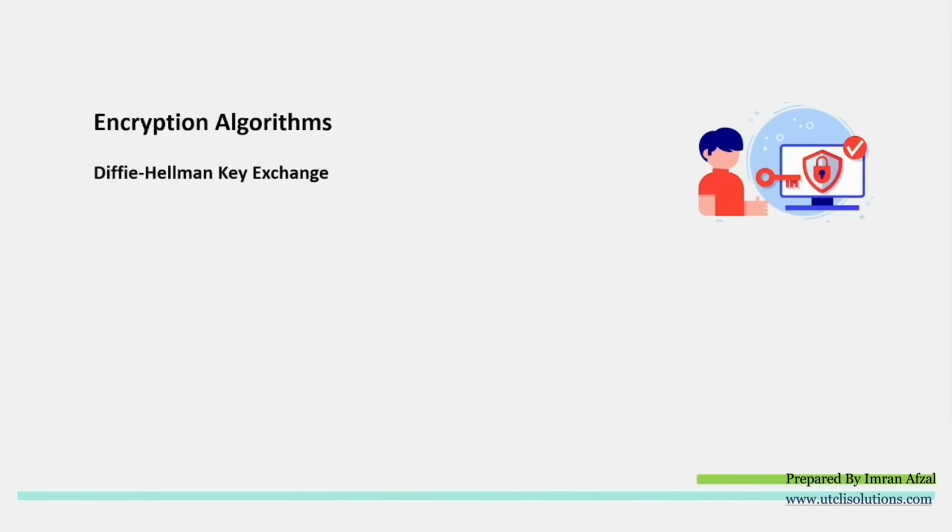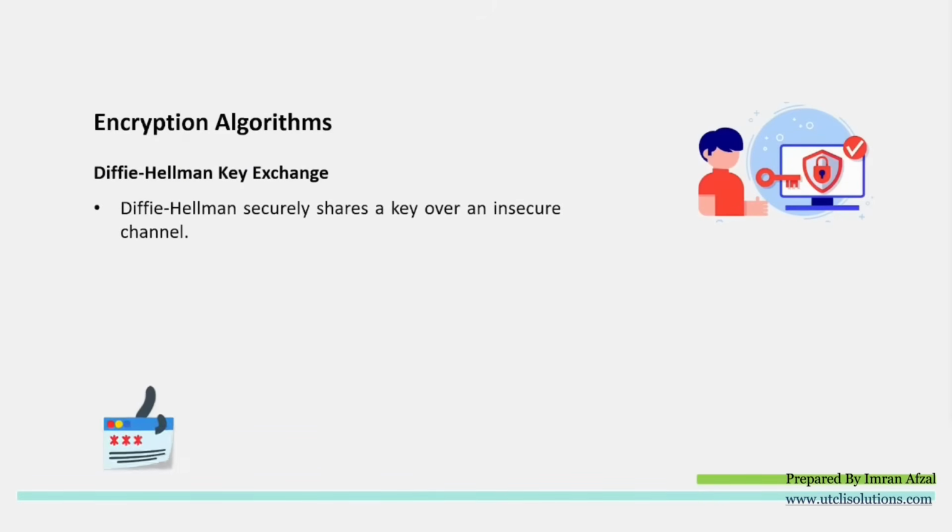Diffie-Hellman key exchange. Well, imagine you want to share a secret key with someone over the internet, but you're worried about security. The Diffie-Hellman key exchange, invented by Whitfield Diffie and Martin Hellman in 1976, is an algorithm that allows you to securely share this key, even if the communication channel is insecure. Here's how it works.